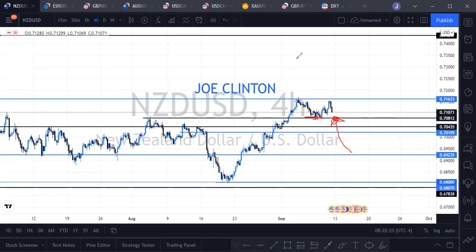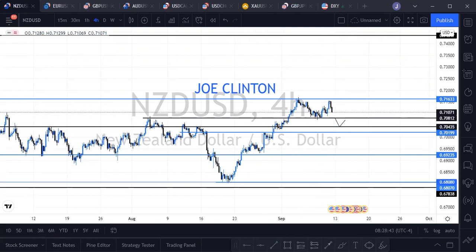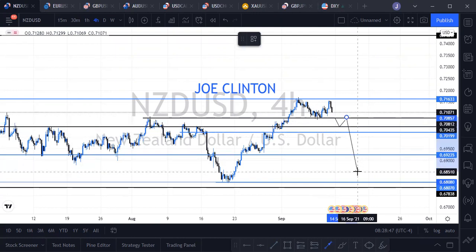All right. So on NZD USD, I am bearish on it. Okay, so let me show you. Price comes to this point, then up again for a retest, then drop to this point.